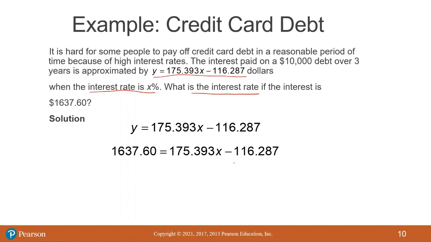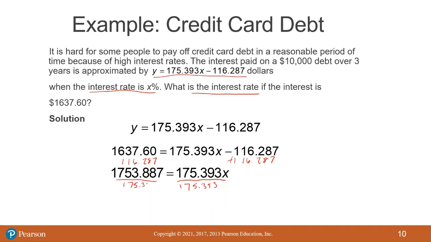When doing this, all I have to do is add the 116.287 to the other side. When I do that, I get 1,753.887. Next, I will divide by 175.393 on both sides. This will give me an x of approximately 9.9998.